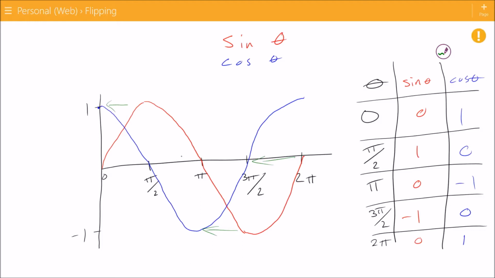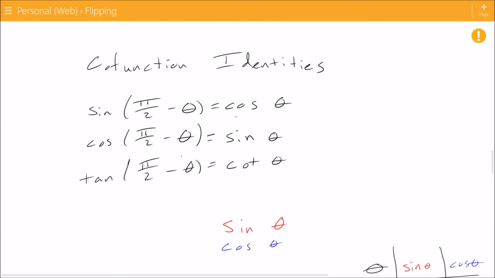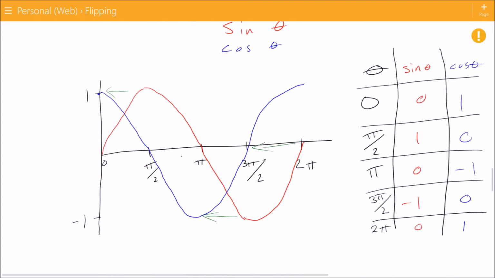And we can see this with the table over here as well. So if I have pi over 2 for my input, for sine I have 1. If we take pi over 2 minus that, it gives me the cosine of theta. So if I have pi over 2 minus pi over 2, that's really the sine of 0.